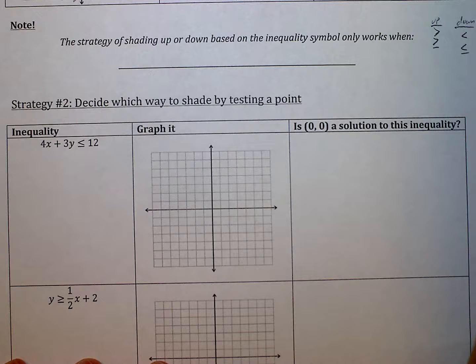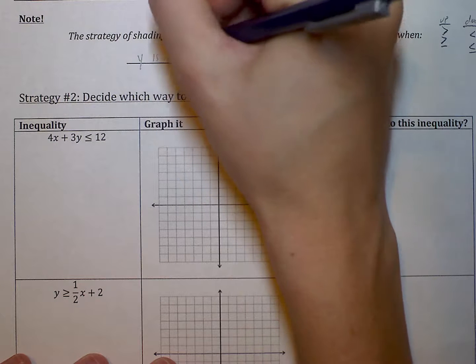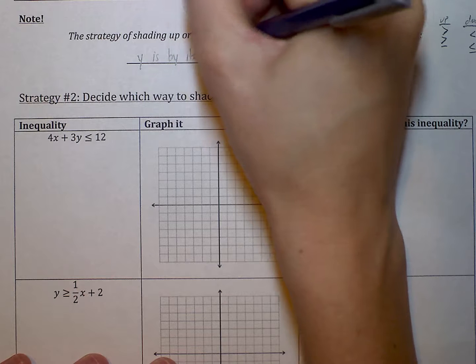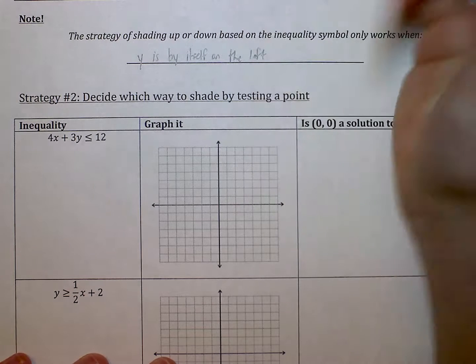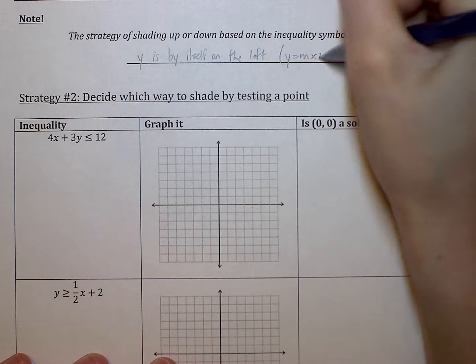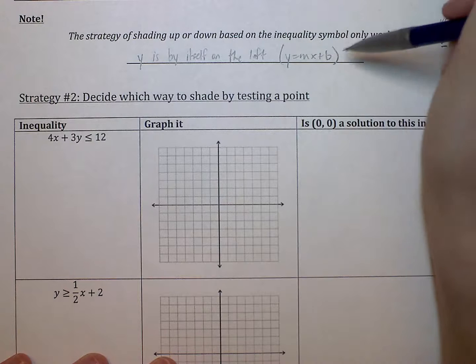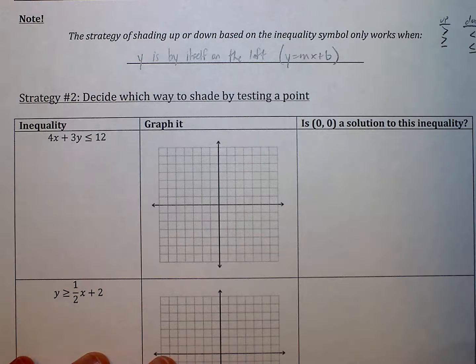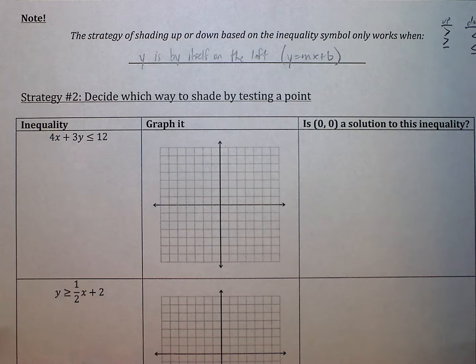That actually only works when y is by itself on the left. It basically only works in slope-intercept form, like this. It doesn't work if y is anywhere else. And so we need another strategy.